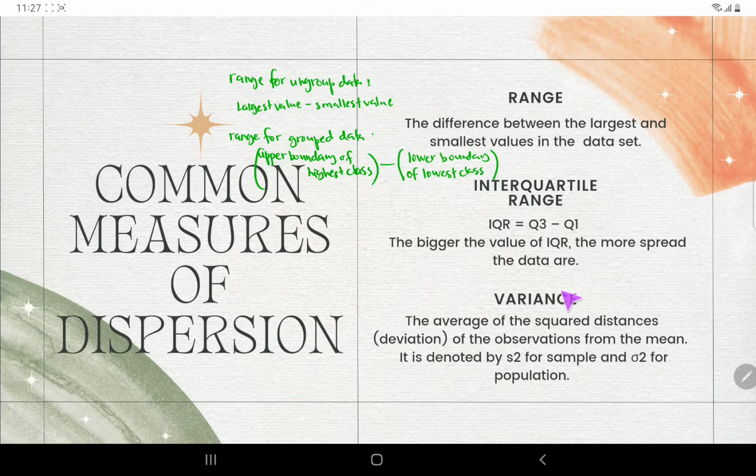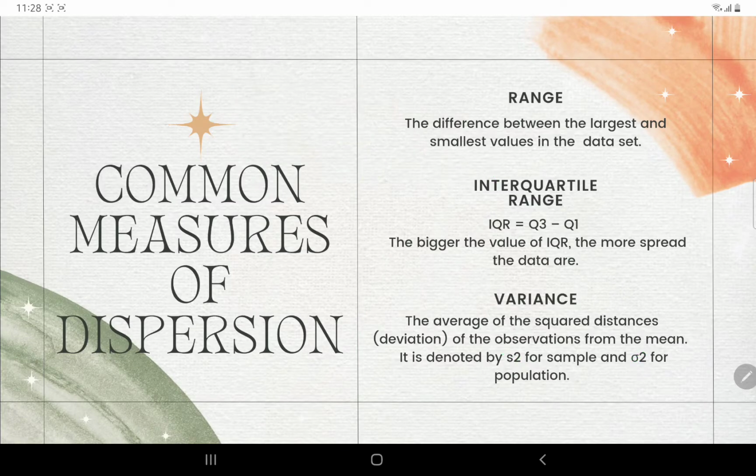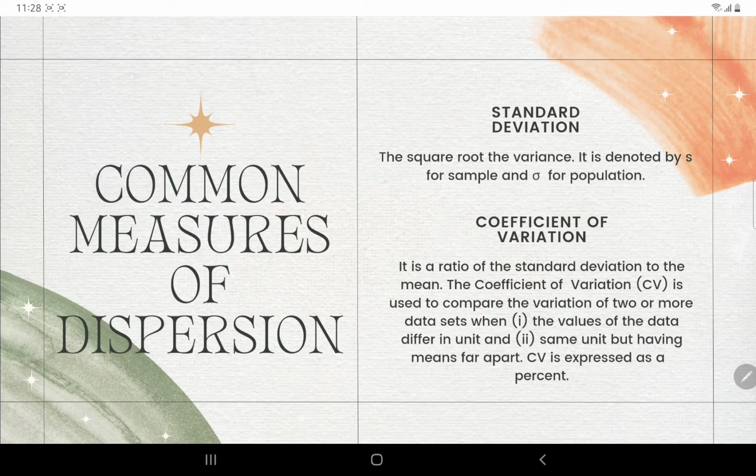Next is the variance. Variance is the average of the squared distance of the observations from the mean. It is denoted by S square for sample and sigma square for population. The next one is the standard deviation, which is the square root of the variance.